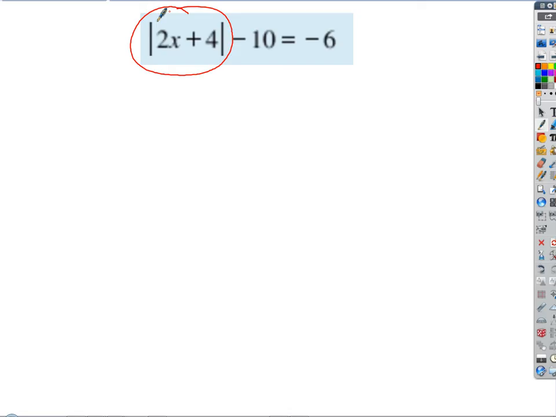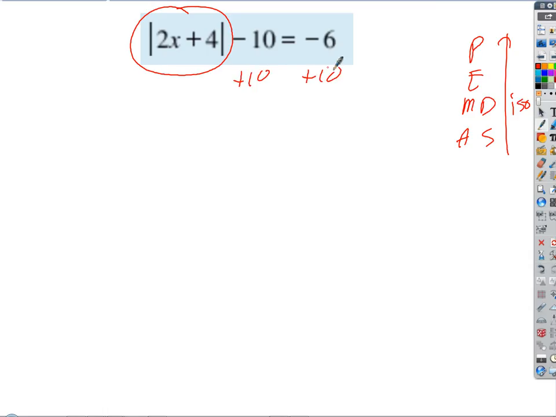Usually we're used to isolating a variable. It's the same process. When I want to isolate something, I'm just going to work backwards through order of operations. So whatever I'm trying to isolate, I'm going to undo stuff in that order. First thing would be to undo addition or subtraction, just like always.